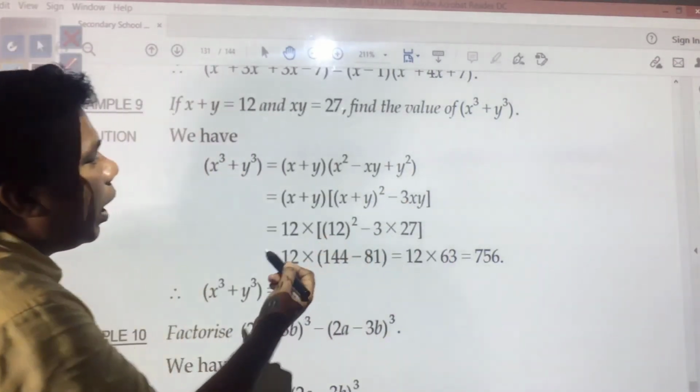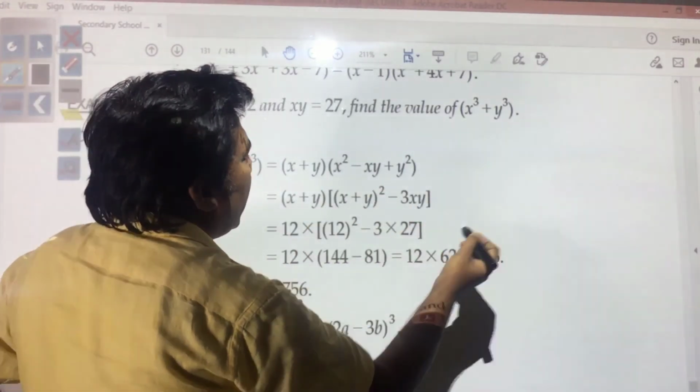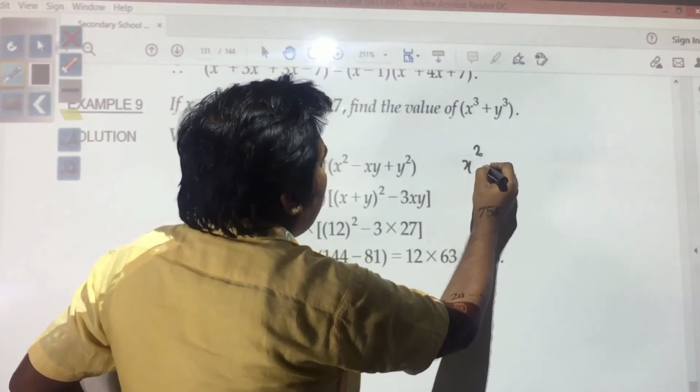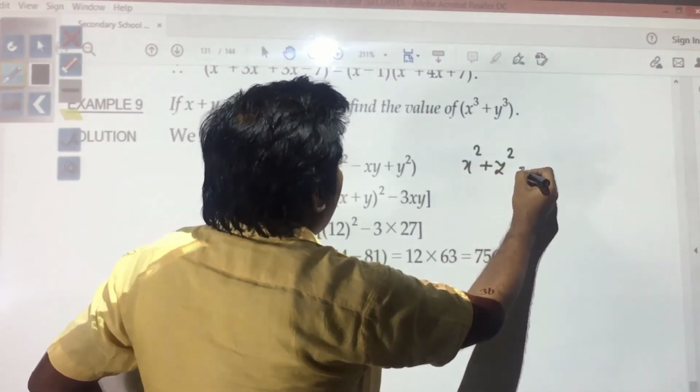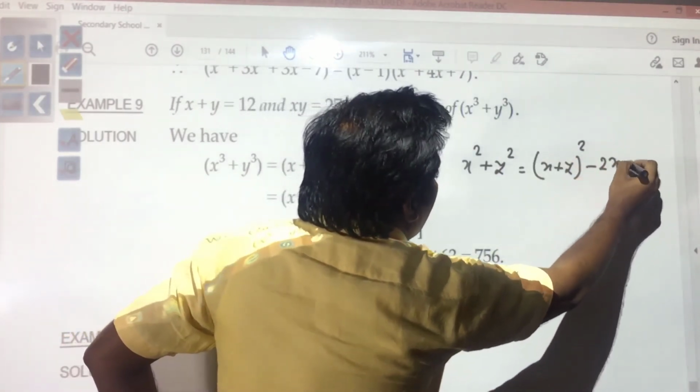Already you know how we have derived this formula. x square plus y square we can write as x plus y whole square minus 2xy.